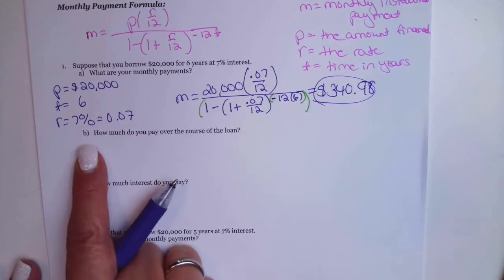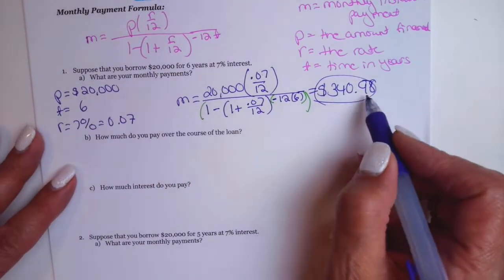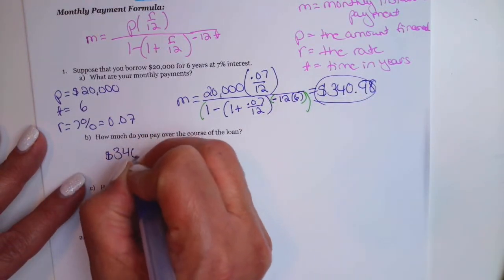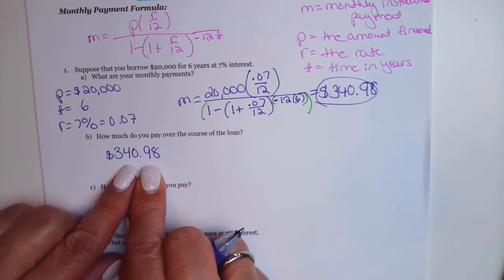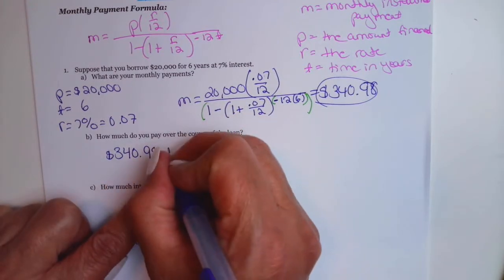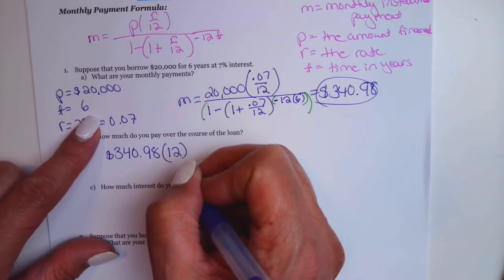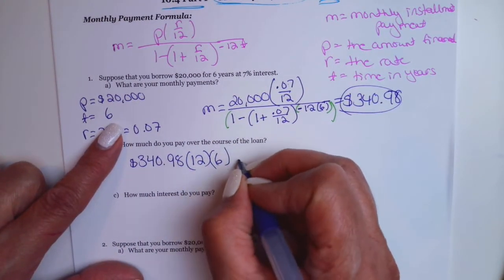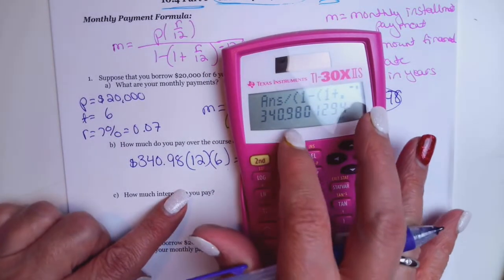Now, the next question is, how much do you pay over the course of the loan? Well, if we pay a monthly installment of $340.98, so every month we pay this. We have 12 months in a year, so 12 times, and it's 6 years, so we're going to multiply by those 6 years. I have not done anything to this.